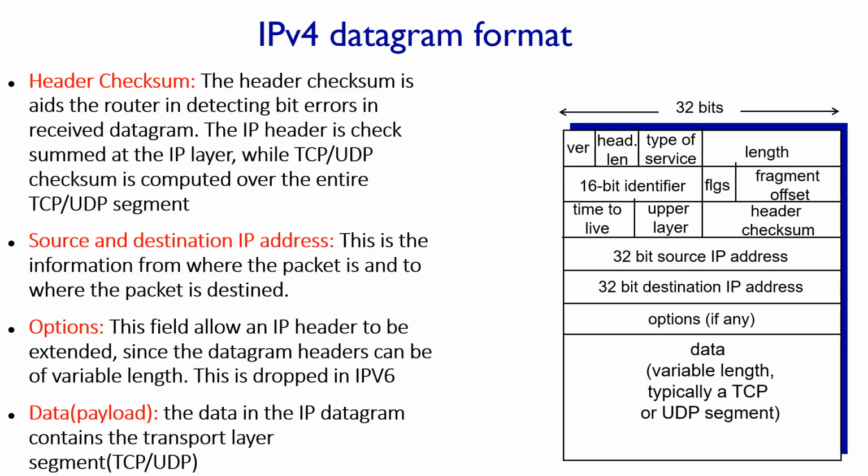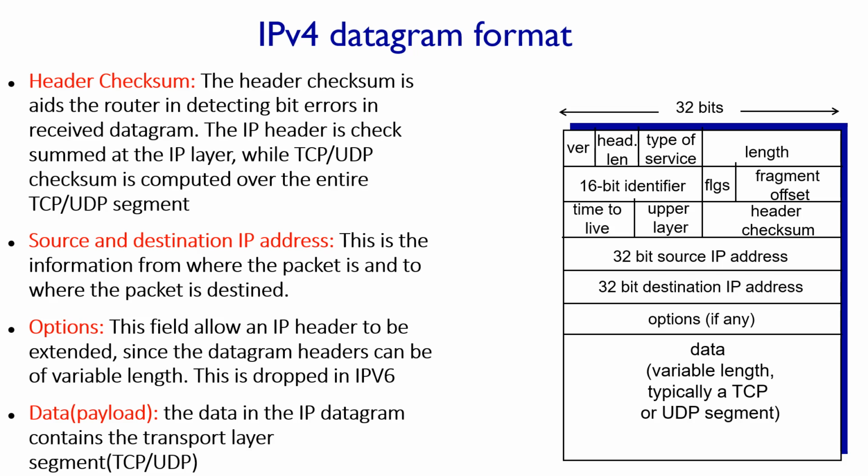Header checksum. It is similar to the checksum in the transport layer. A header checksum is computed in a similar way as in TCP. It is finding the ones complement value of the checksum of the datagram.